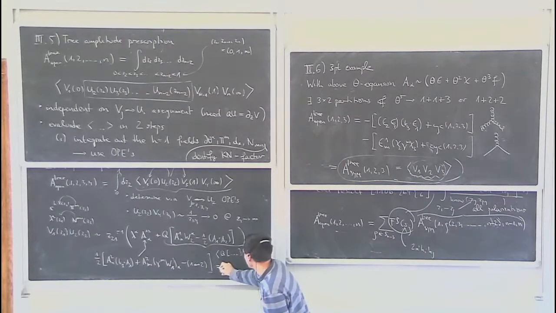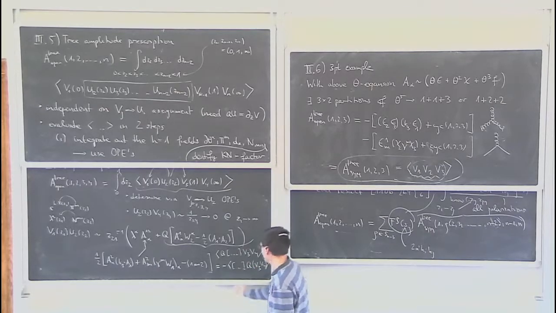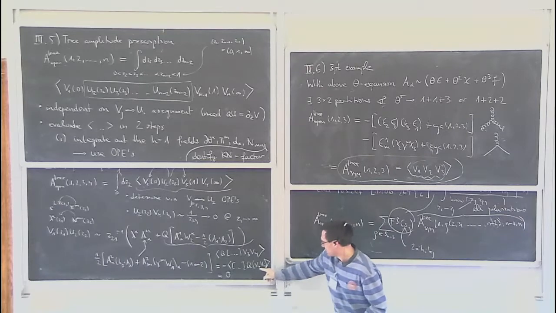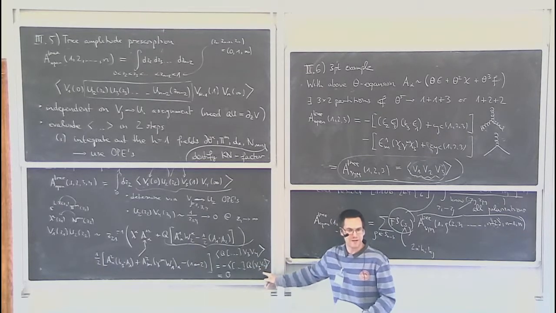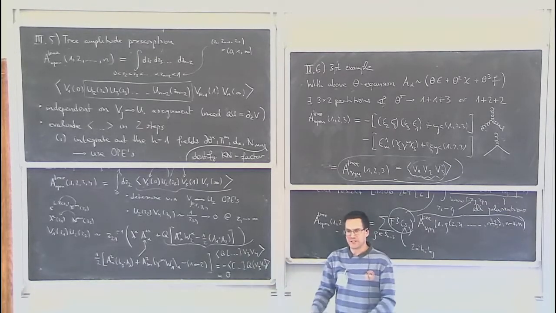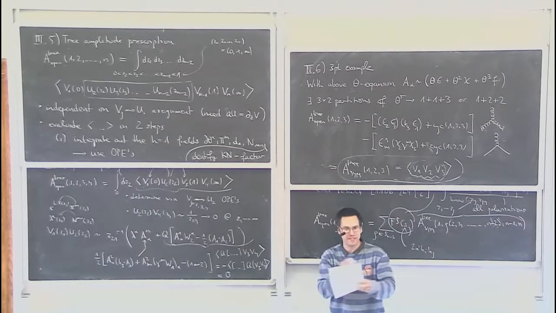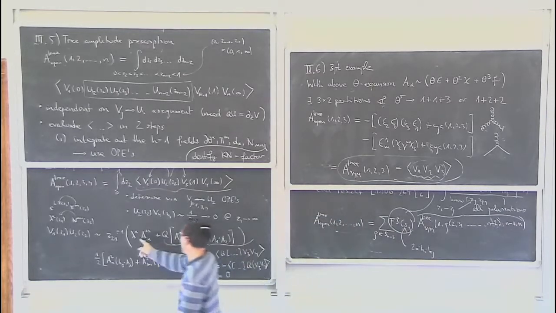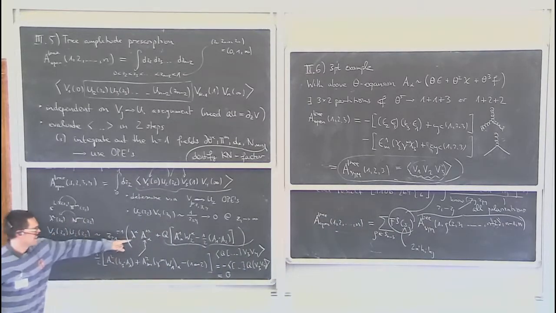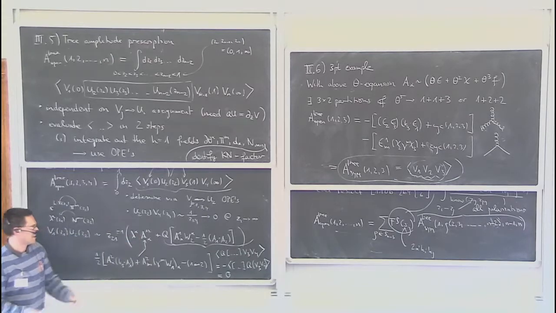Using BRST integration by parts, you only need to act with Q on V3, V4. But since V3 and V4 are both BRST closed, this doesn't contribute. So in other words, you have the opportunity to get rid of all the BRST garbage that you don't want to carry around through your calculation. So you only need to worry about this stuff here.